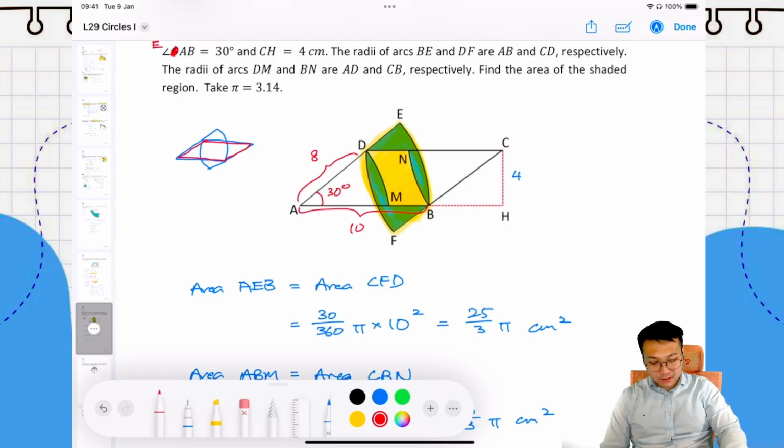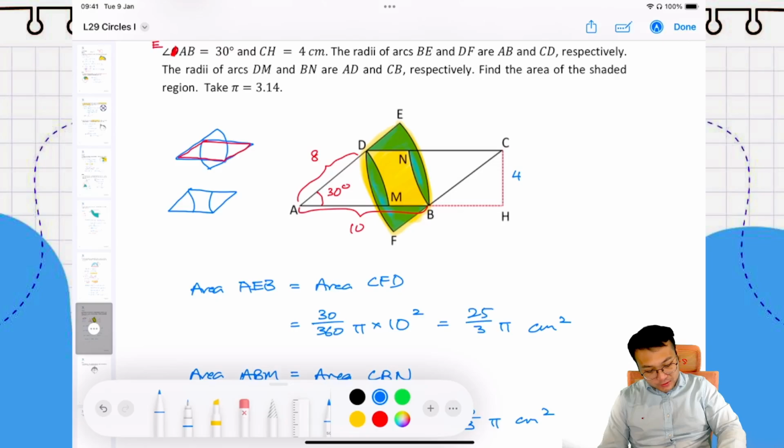What about the smaller part, CNDM, this smaller part? How do you find that? You take the parallelogram minus this pizza and minus this pizza.